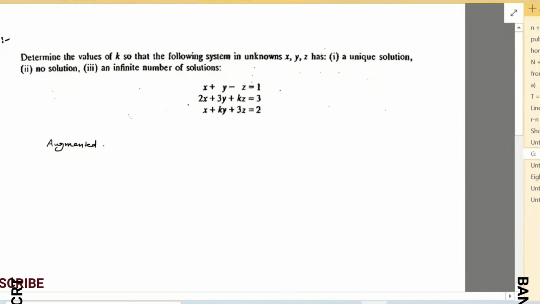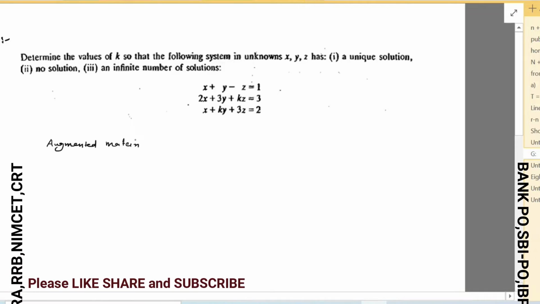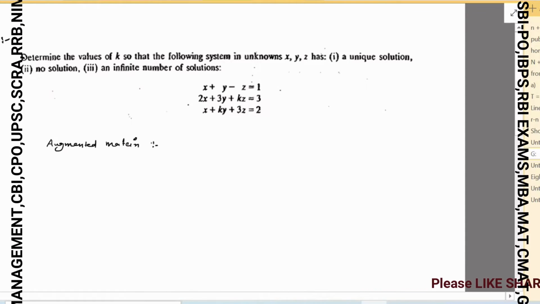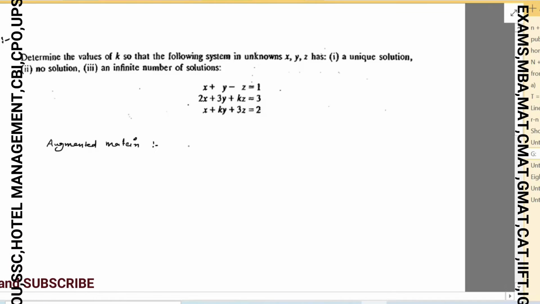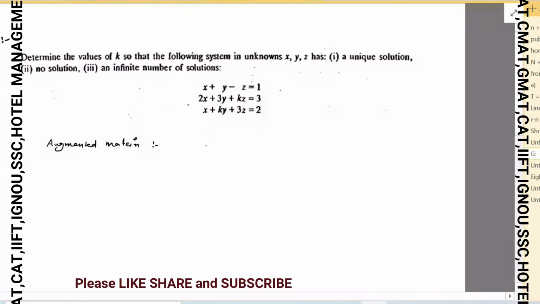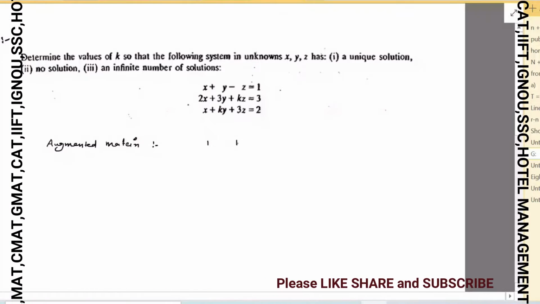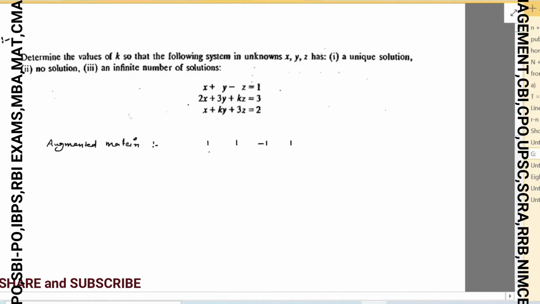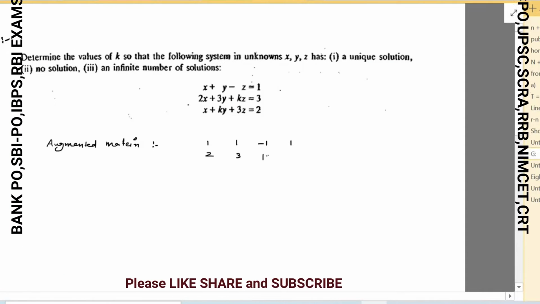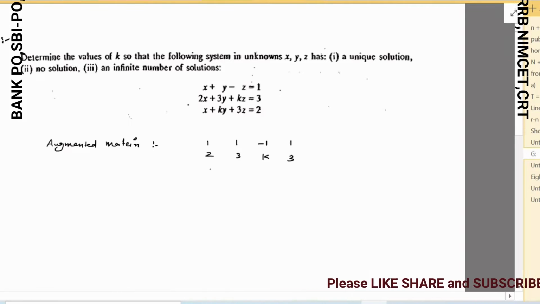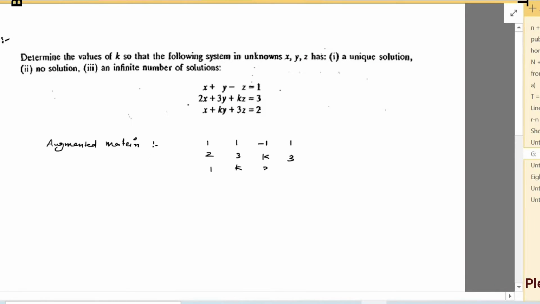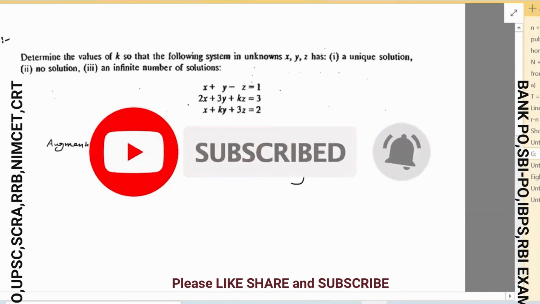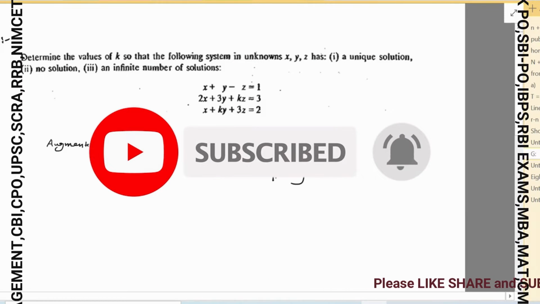So what is the augmented matrix here? 1 1 minus 1 1, 2 3 k 3, 1 k 3 2. Okay. So first of all, I have written the augmented matrix.